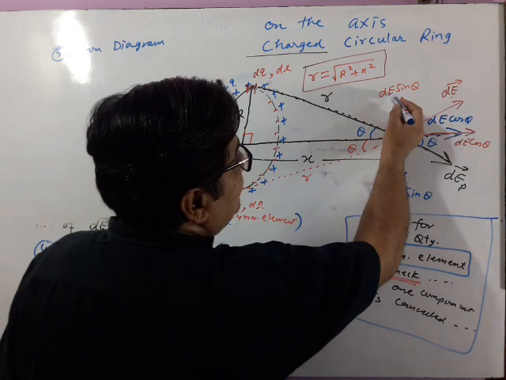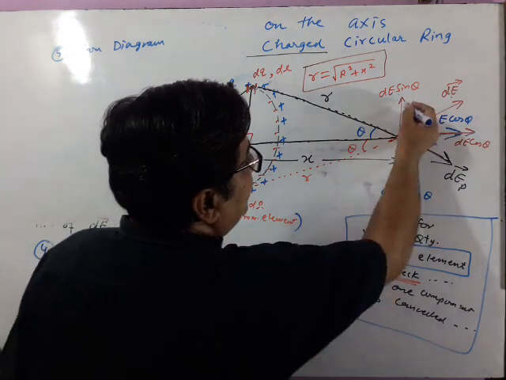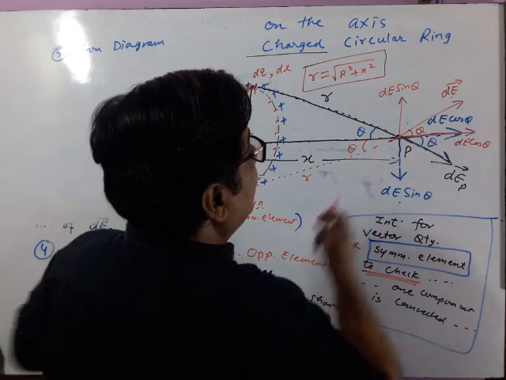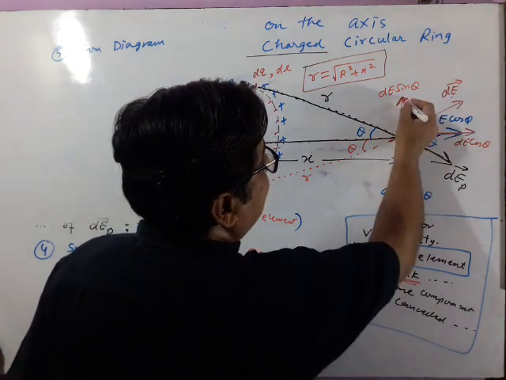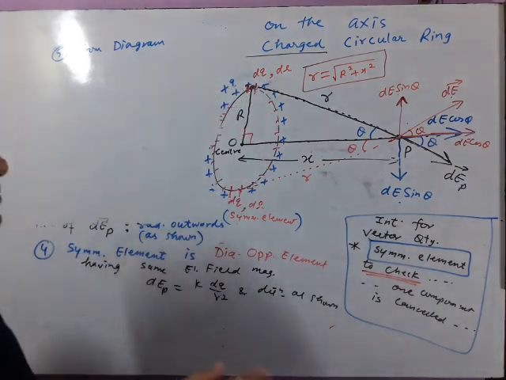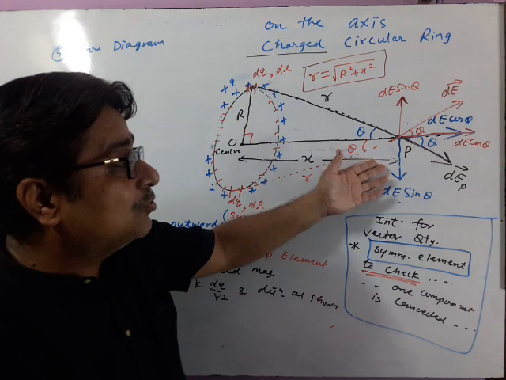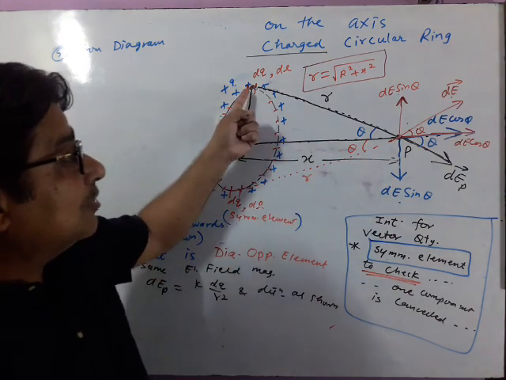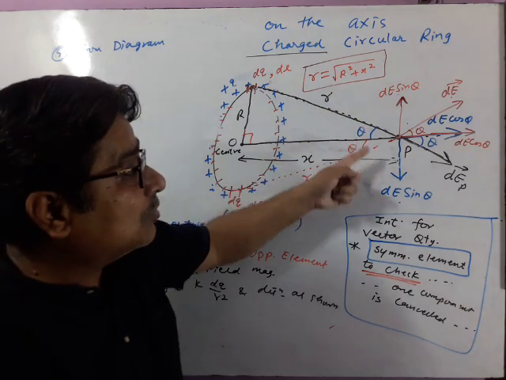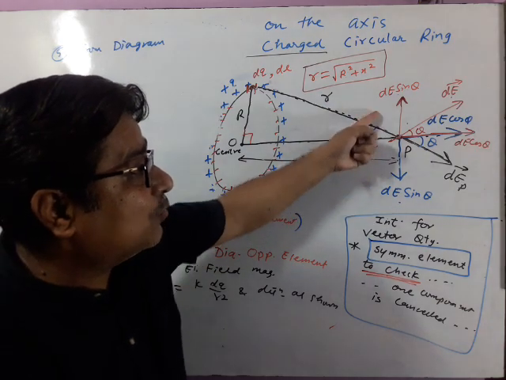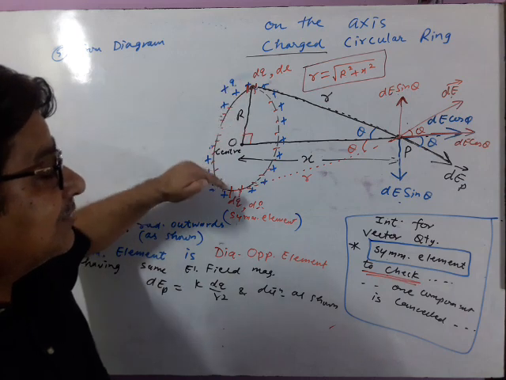Both have the same value dE sin theta, they are equal, and their directions are opposite, one in the upward direction, another in the downward direction. Actually, these are two components for two elements. These are the sine components, which are equal and opposite for two diametrically symmetrical elements.